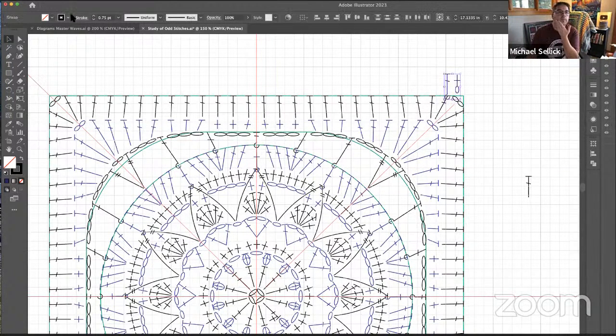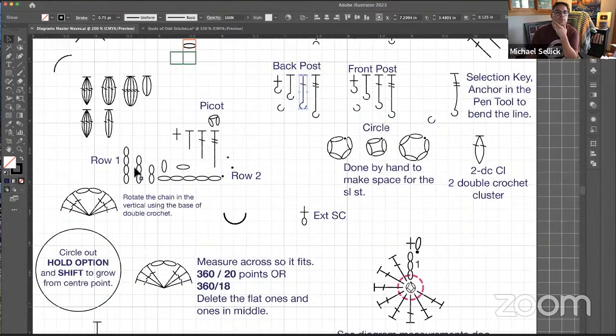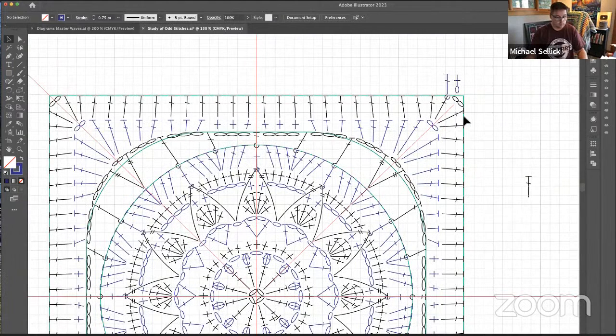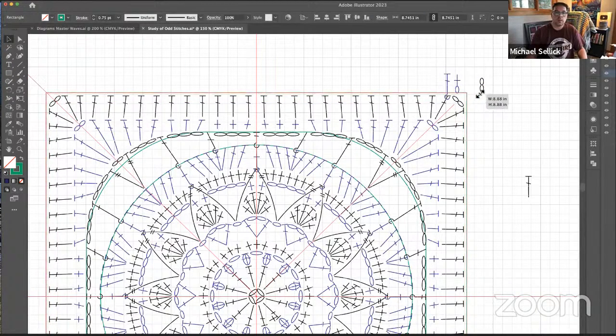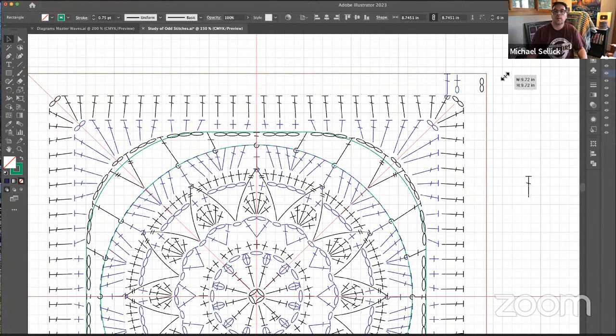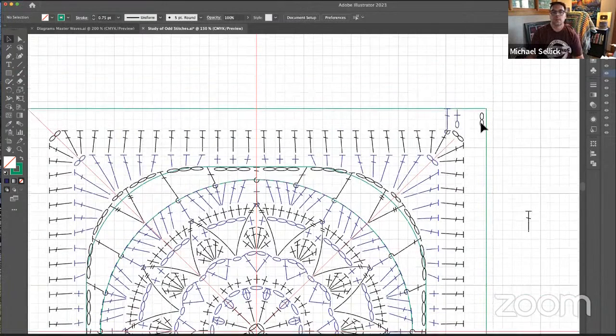These guys are going to be blue. A couple chains. So we got that.